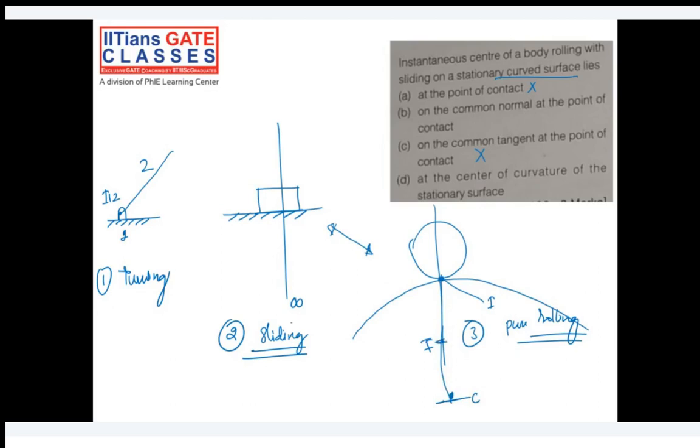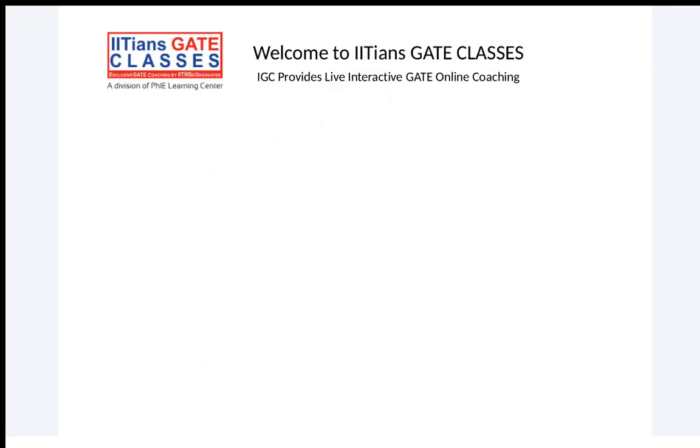In case of sliding, focus here, I have said infinity. Why? Because I have considered a flat surface. But if I consider a curved surface, then in that case r will not be infinity. Okay, so r will be whatever you have. Here, let's say r is the radius of curvature.